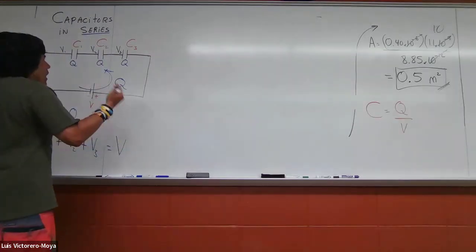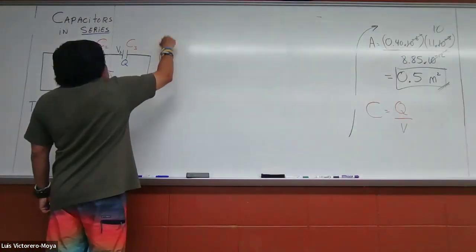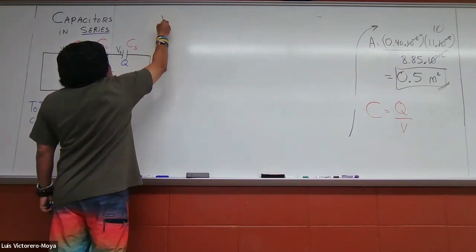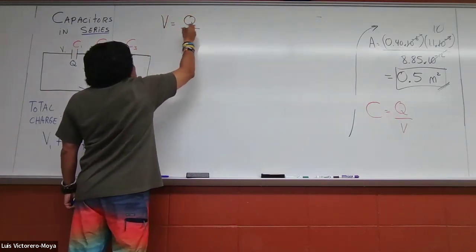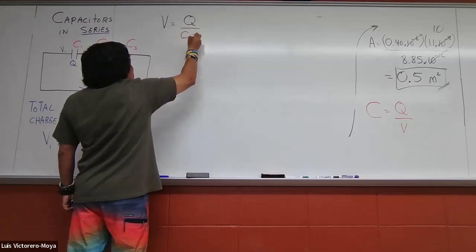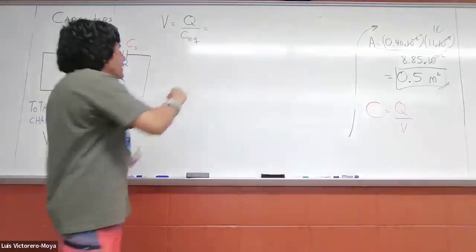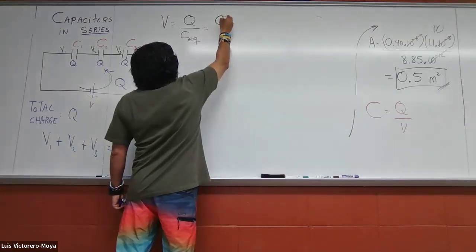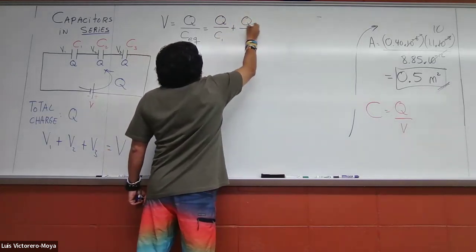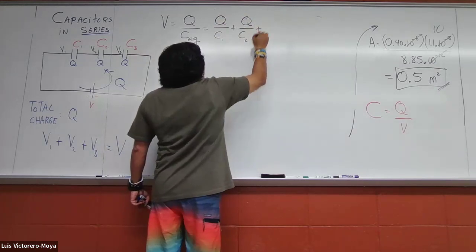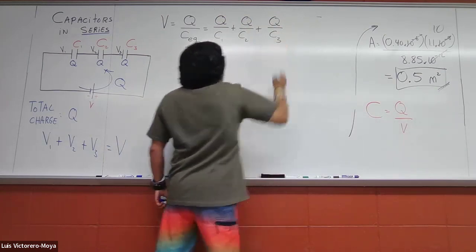So how do I combine capacitors in series? Well, V total is the total charge divided by C. I want to call this C equivalent. V1 will be charge, which is the same charge Q over C1. V2 is Q over C2. V3 is Q over C3.